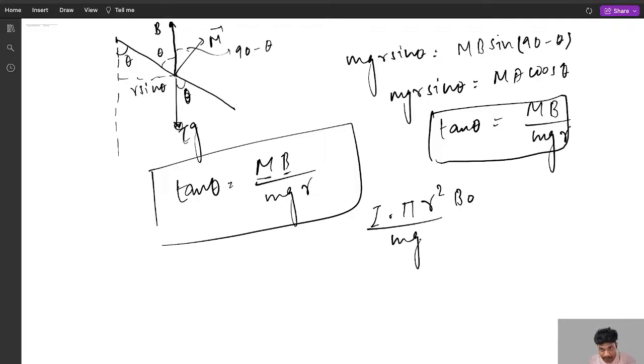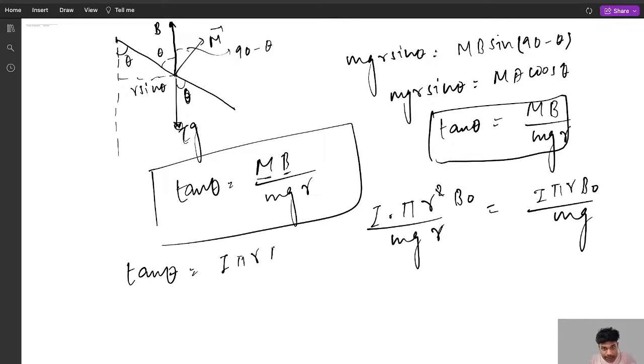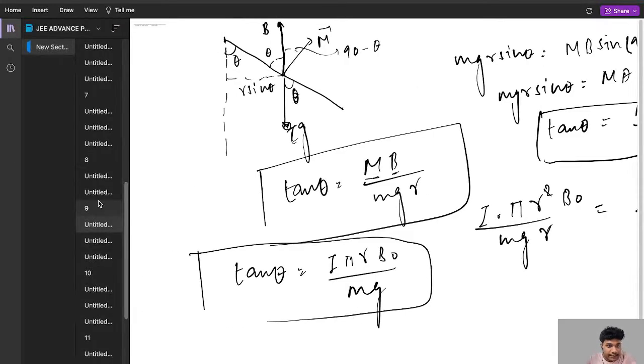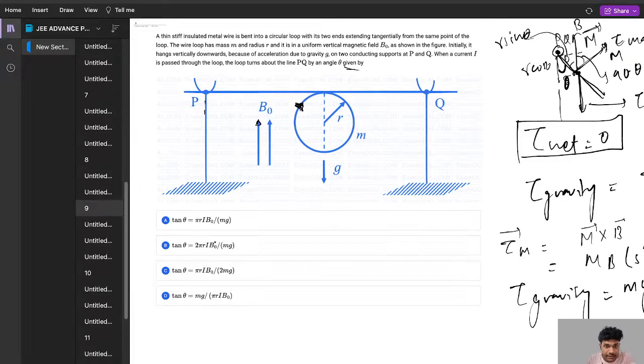The r cancels out, and we get I pi r B naught upon mg. So tan theta is equal to this, because the option is in this form. So which one is our answer? That is the first one, I think. The first one is our answer.